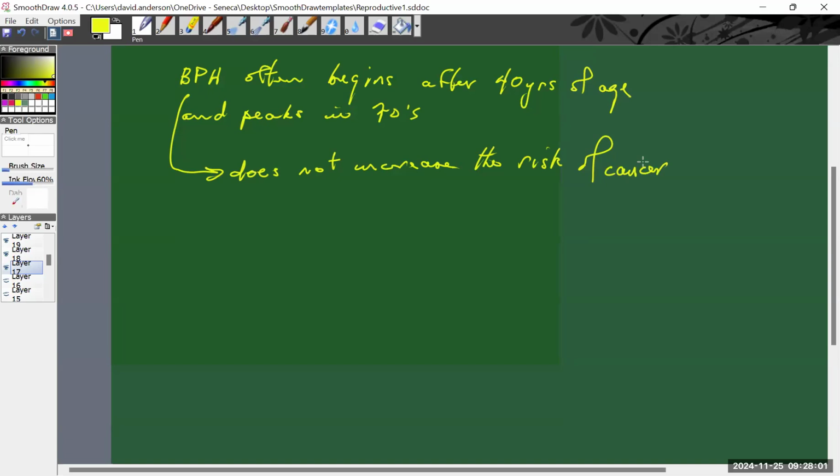So we mentioned some of the symptoms. What's interesting about this BPH, if you remember the picture I showed you, is that our prostate gland sits under the bladder and has an entry point and essentially an exit point.